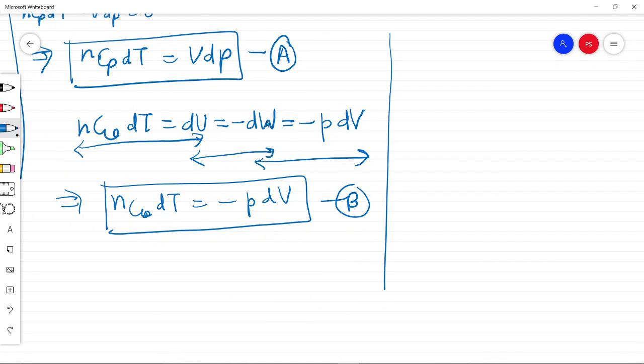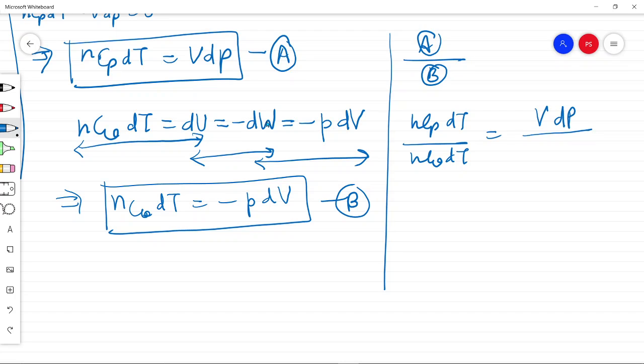Now we are going to divide equations A and B. We are going to take the ratio. We get nCp dT upon nCv dT is equal to VdP by minus PdV.